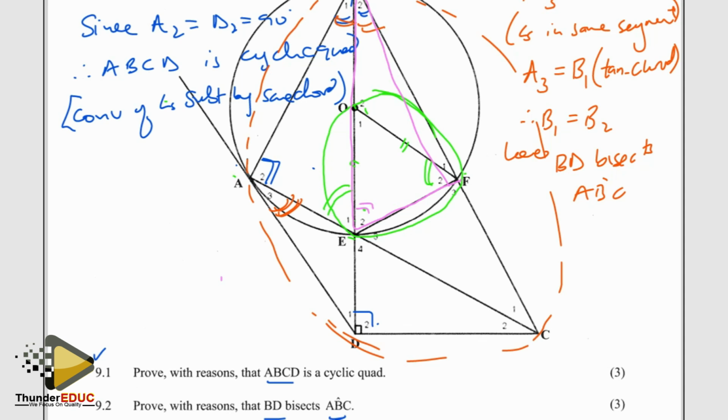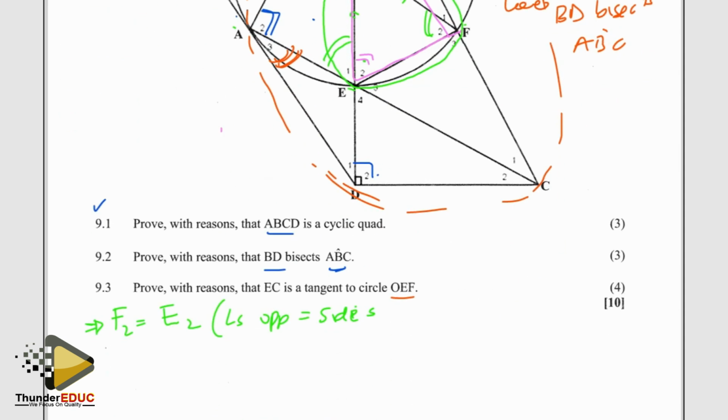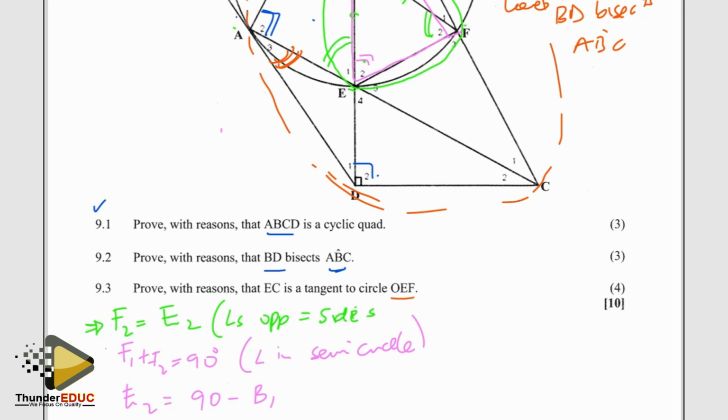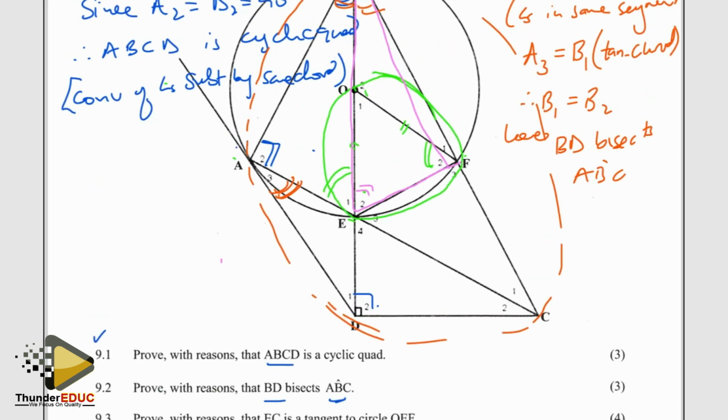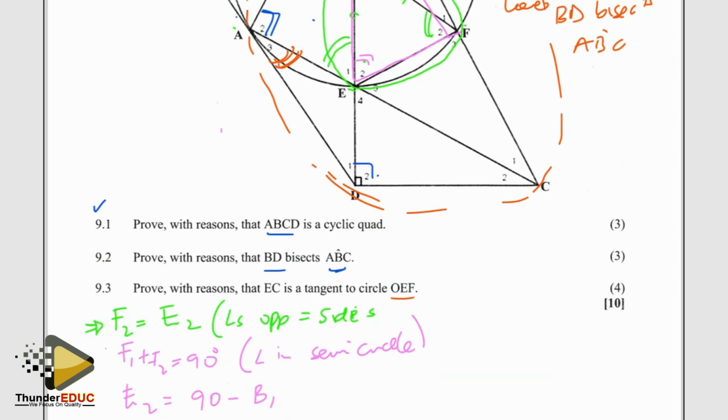So since this is a 90 also, F1 plus F2 is a 90 angle in a semicircle. Or you can use opposite angles of a cyclic quad, which means that E2 is going to be 90 minus B1. Is it B1 or B2? It's going to be B2, but we say B2 is the same as B1. Okay.